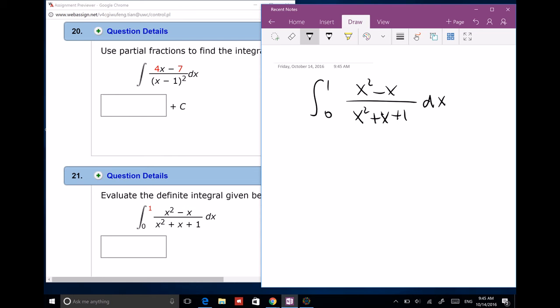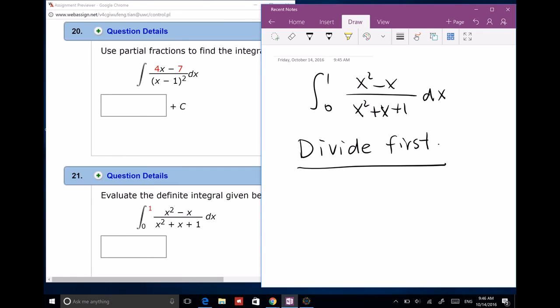Whenever you do partial fraction, if the power is the same or greater, for example x cubed divided by x squared, if the numerator's power is bigger than or equal to the denominator's, you always want to divide first. You want the numerator to have a lesser power. If it's x squared in the denominator, you want only x in the numerator. Then you can do partial fraction later.